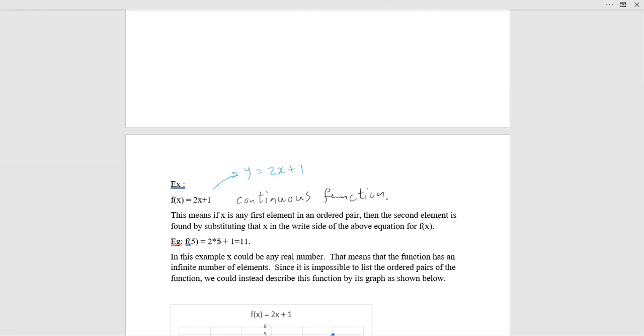Therefore, it is called a continuous function. It is not a few separate points. It is a whole bunch of points next to each other. Right? So it is a continuous function.